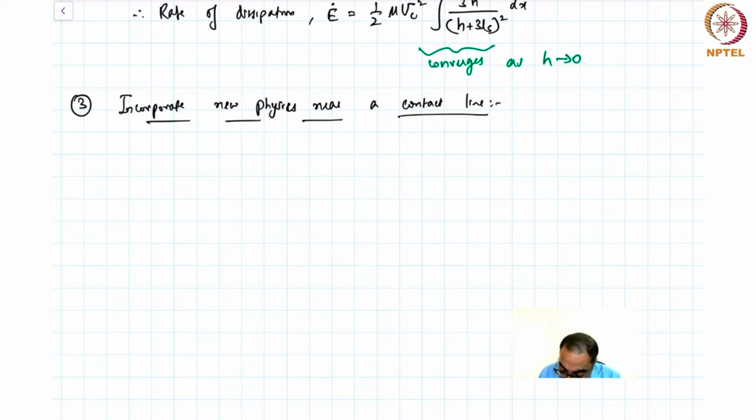The first one treats the contact line motion, to be specific, as a thermally activated process.